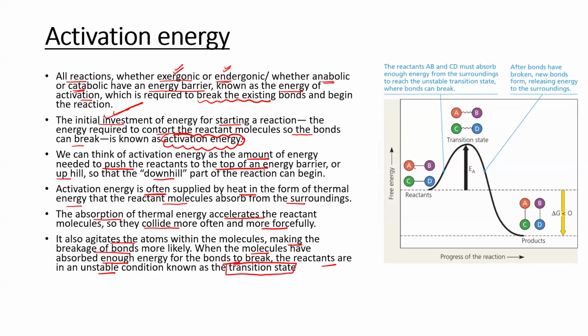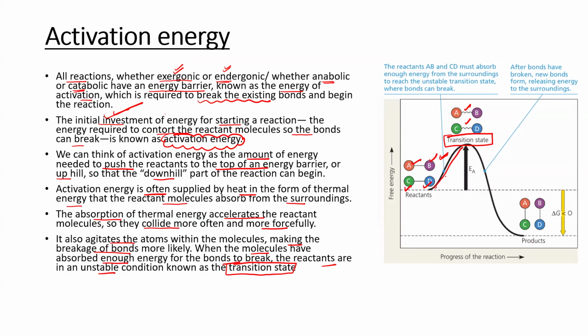Now see this diagram. In this diagram, you will see we are using reactants A and B and C and D. So we have to invest a little bit of initial energy. This initial energy which we have to invest, you can see the curve, is to make them reach the transition state so that the existing bond can break and then the final new product can form.